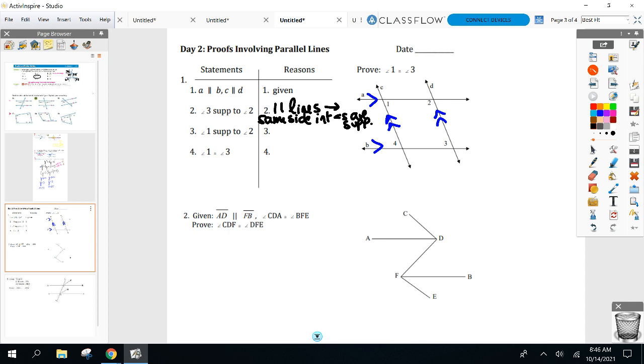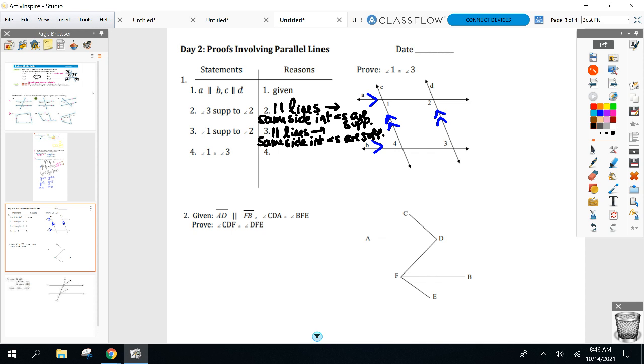So same reason. Parallel lines imply same side interior angles are supplementary. And here's where the fun stops. That was pretty easy for a lot of us.